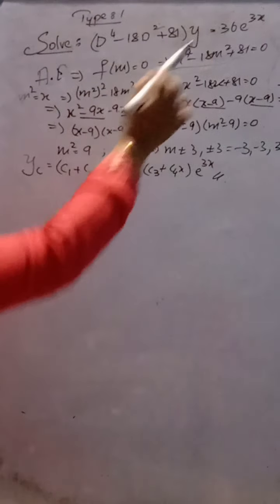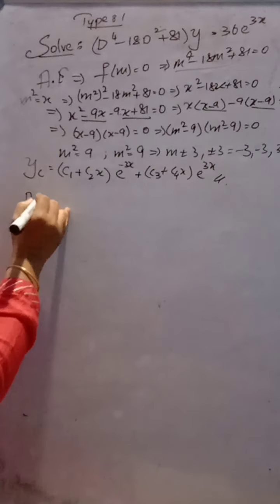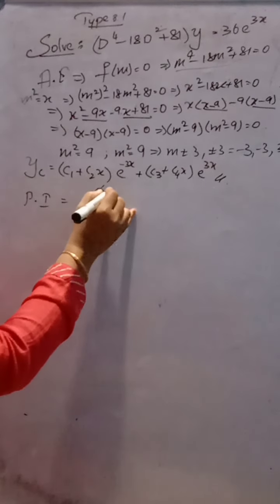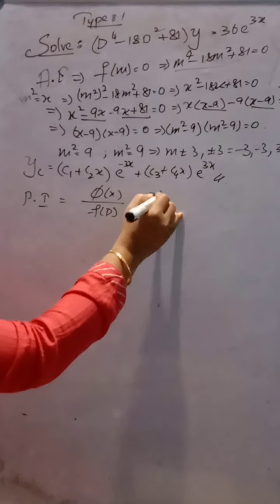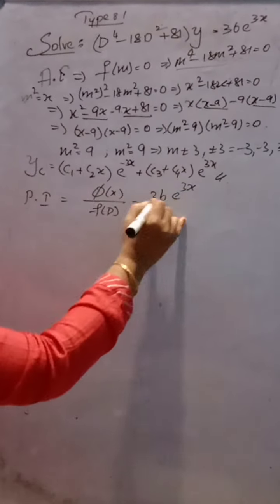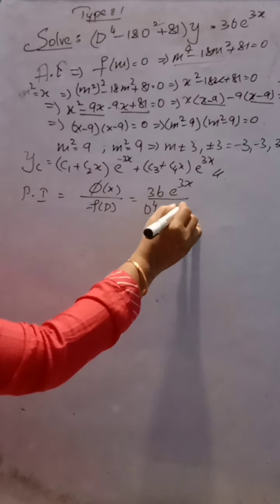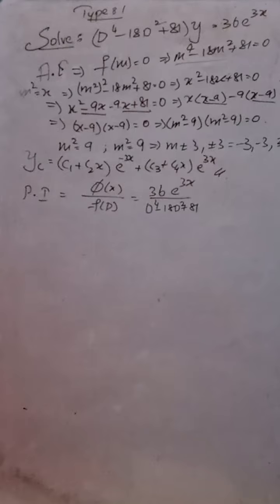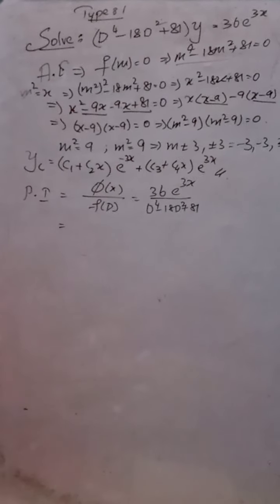Now to find the particular integral, we are applying the type 1 method. So the particular integral is obtained by phi of x divided by f of d. What is phi of x? 36 e to the power 3x divided by f of d, which is d power 4 minus 18d square plus 81. What does the first method say?